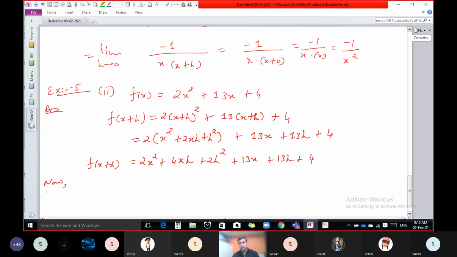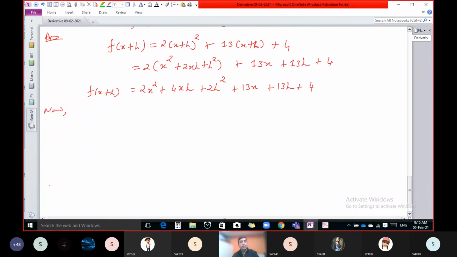Now the formula. Tell me the formula for f dash x. What is the formula? Limit h tends to 0 f of x plus h minus f of x upon h. Correct.